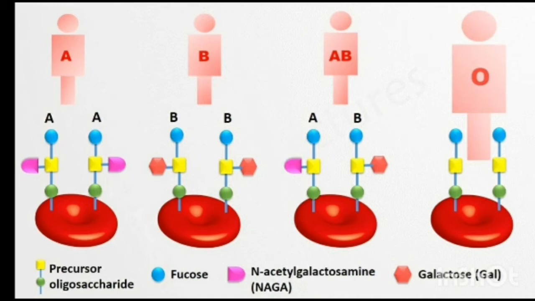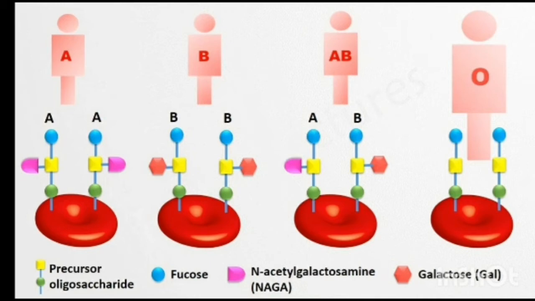So basically, what is this antigen? Here in this diagram, we can see from left to right, the A blood group consists of antigen A, which is a precursor oligosaccharide. The B blood group consists of galactose.